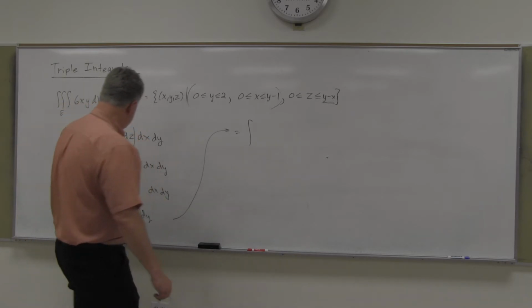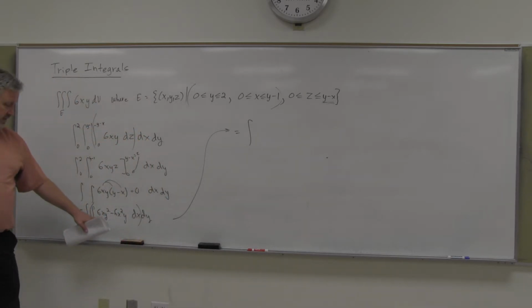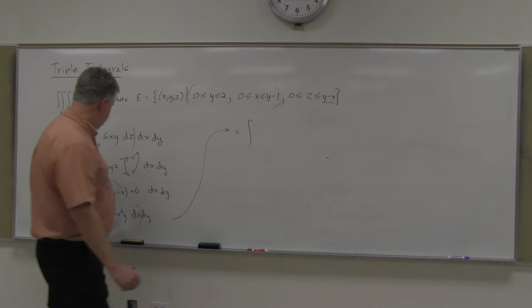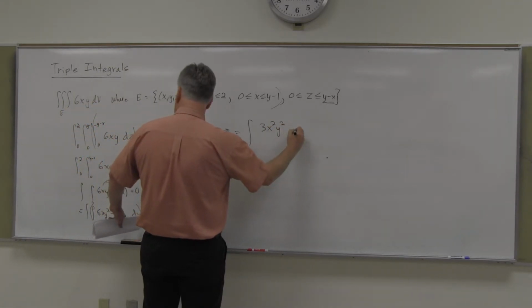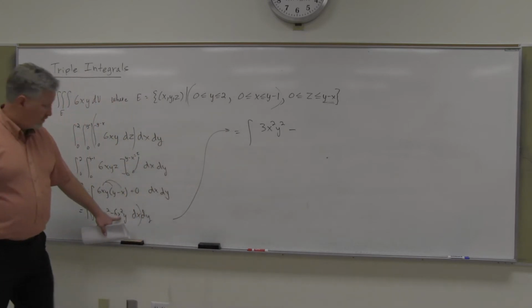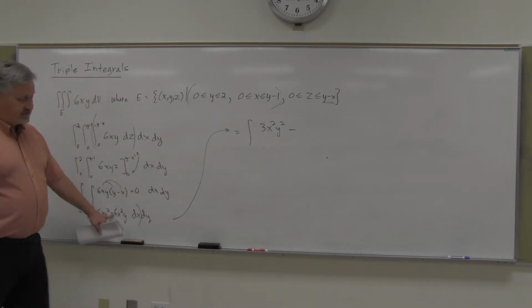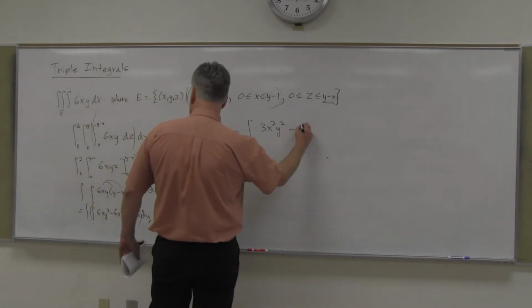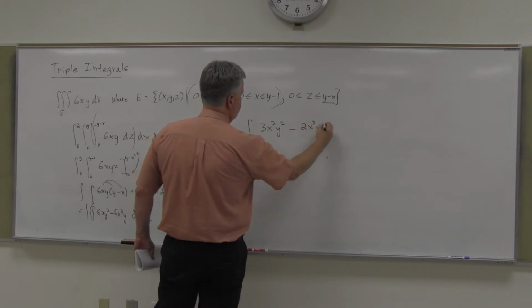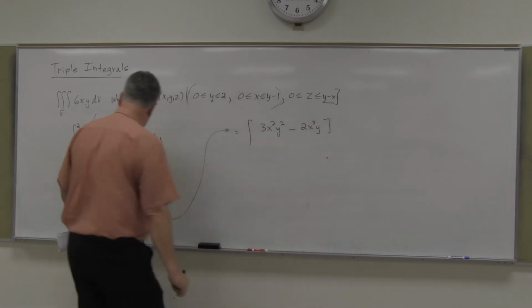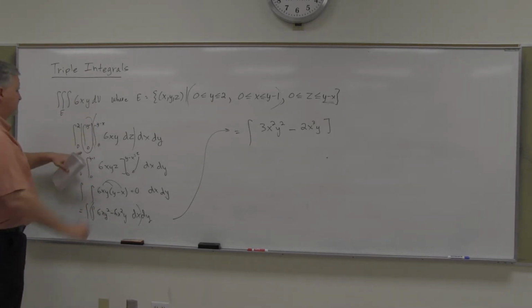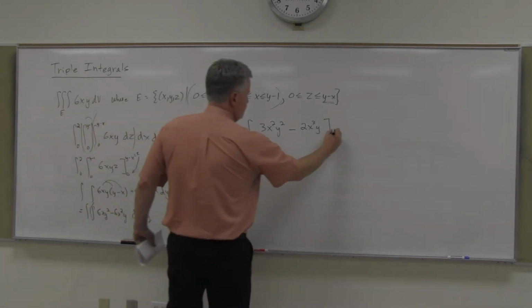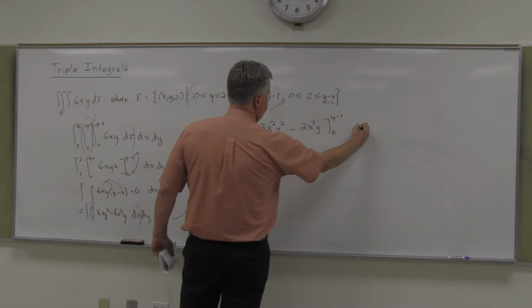It'll be 1/2 x squared, half of 6, so 3x squared y squared, minus, the antiderivative would be 1/3 x cubed, so 6 times 1/3 would be 2x cubed y. And then we plug in, so the x's go from 0 to y minus 1. I like the 0 there.